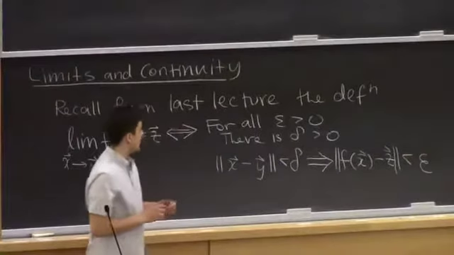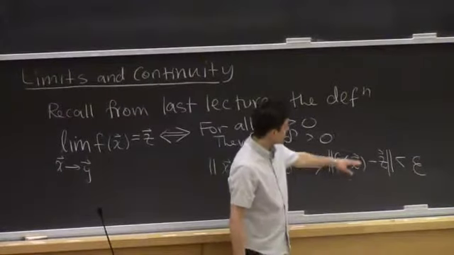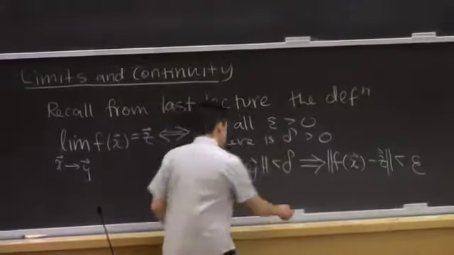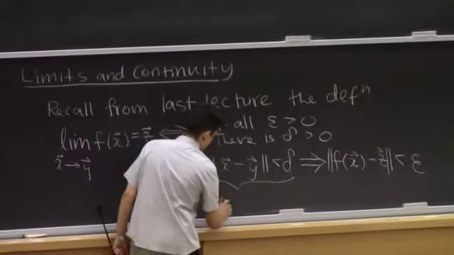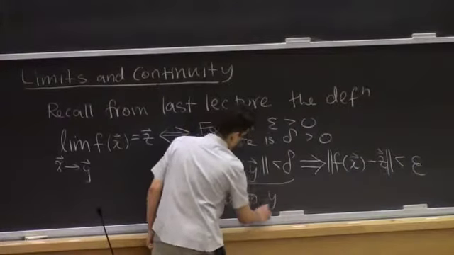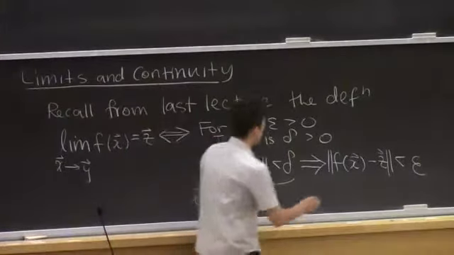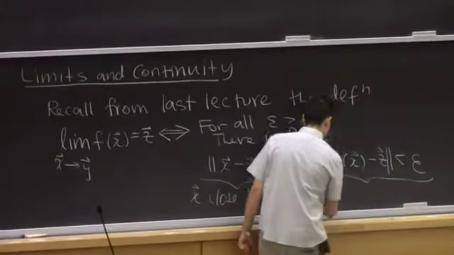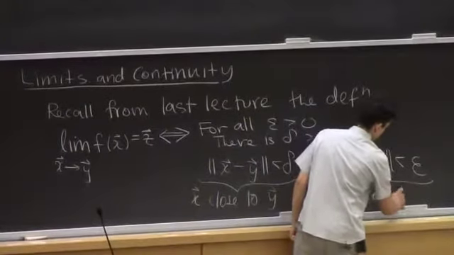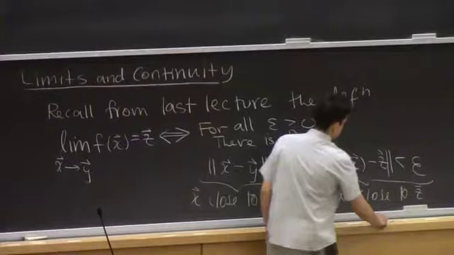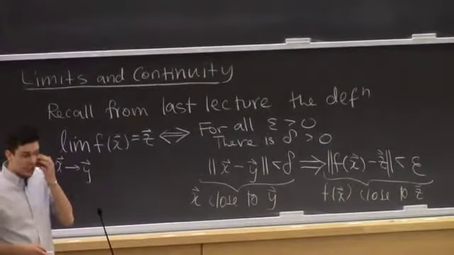The idea is that if x is close to y, then f of x should be close to z. So that's our formal definition of a limit.